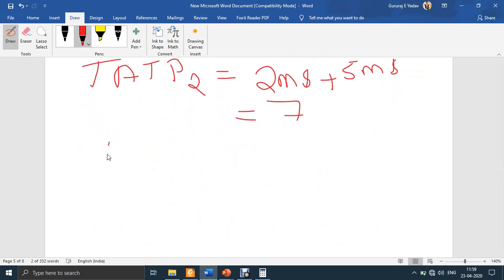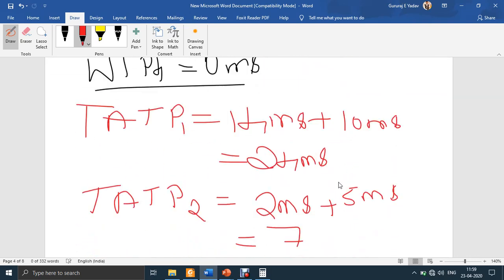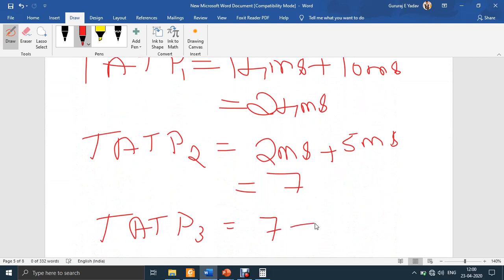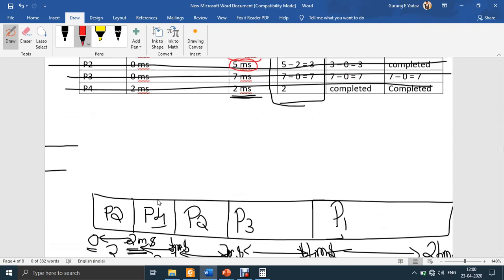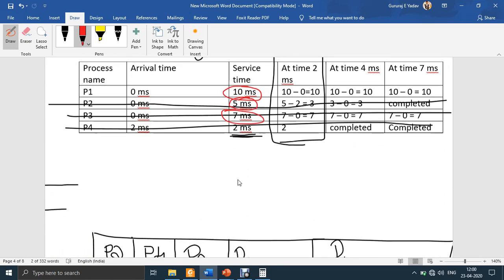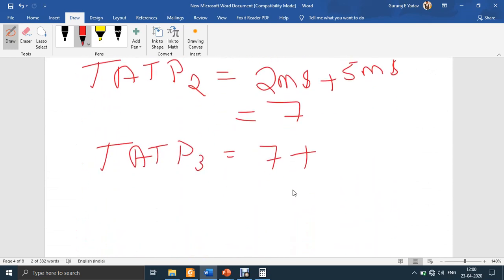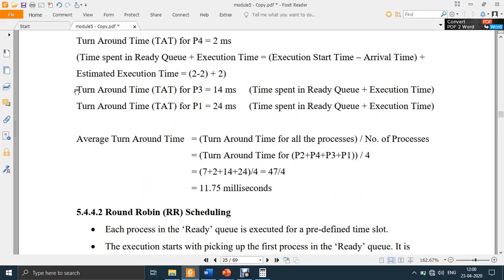Next, what about TAT for P3? The waiting time for P3 is 7 milliseconds, plus the service time for P3, which is 7 milliseconds. This is where the table comes in useful. 7 plus 7 equal to 14 milliseconds. That is for P3, so we're on the right track.